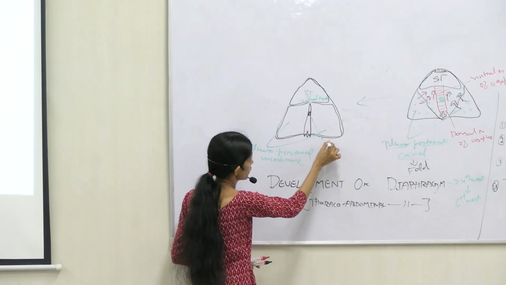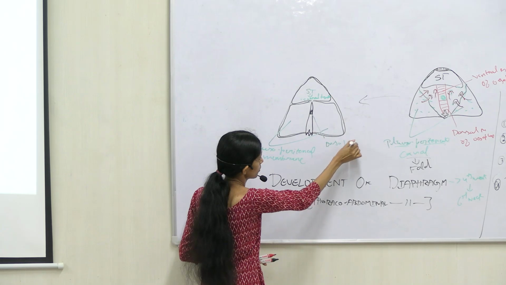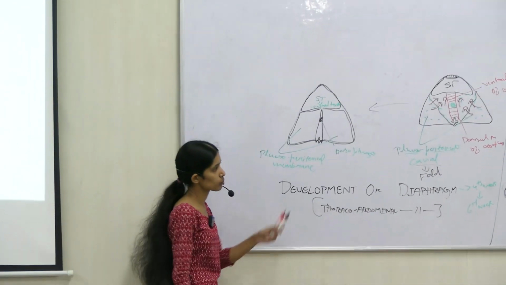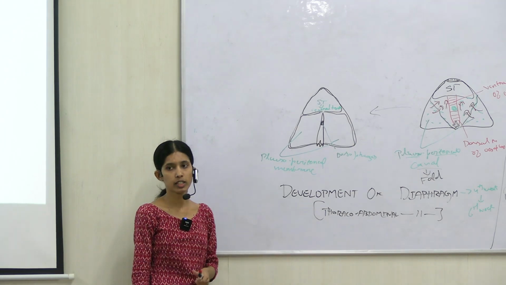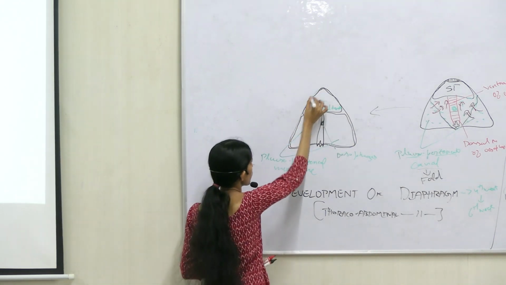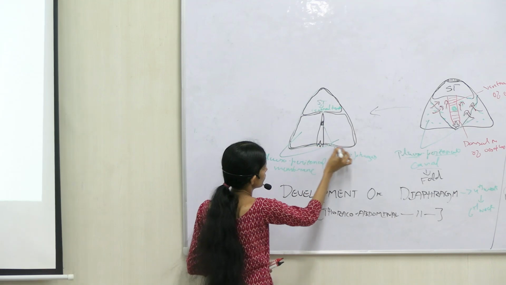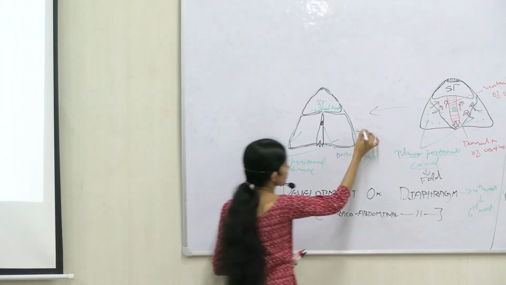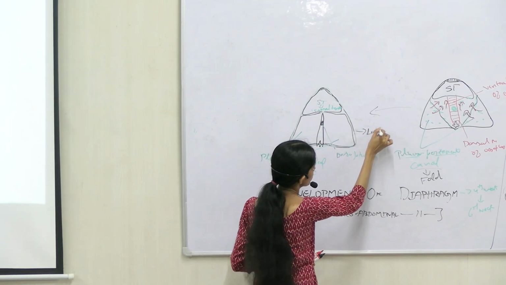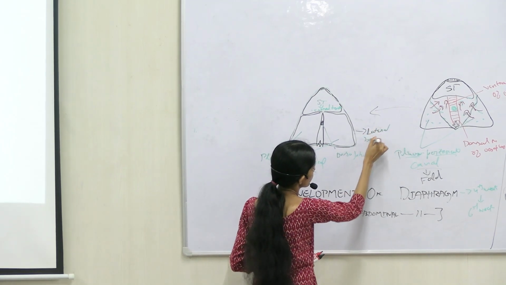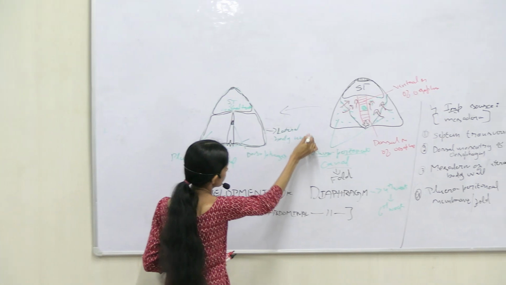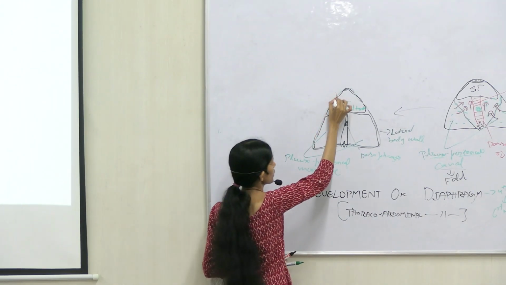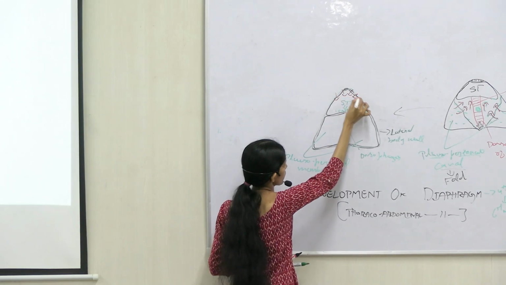Then we have esophagus as usual, and another part is mesoderm of lateral body wall. This is your body wall. This is the lateral body wall. Now the body wall will start moving towards the inner aspect.